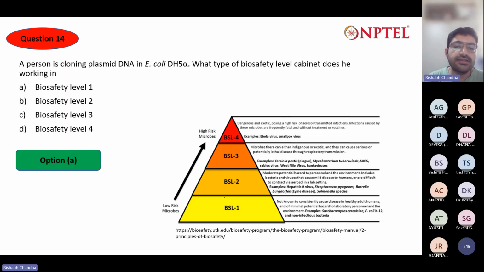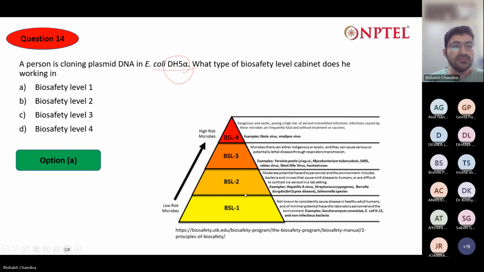So we use it for all the non-infectious bacteria. In this case, we are just cloning plasmid DNA in E. coli, and we know that the DH5 alpha strain is non-infectious, so we'll be working with BSL1 only. The normal laboratory we have used till now is BSL1 for cloning or normal bacterial culture.